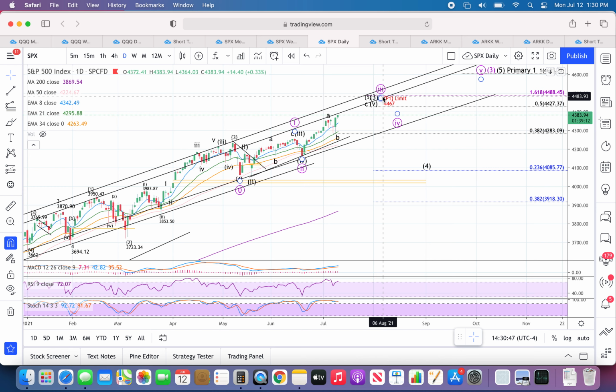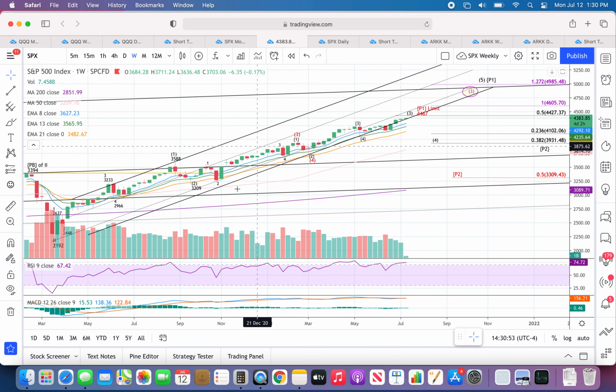Now, there's another count that I want to turn your attention to, and it's the possibility that the S&P 500 would have been tracing out a fifth and final wave into a primary degree top. So this is about as bearish as I'm willing to get, is that we could eventually see, like in Qs, a retracement of the entire move since March 2020.